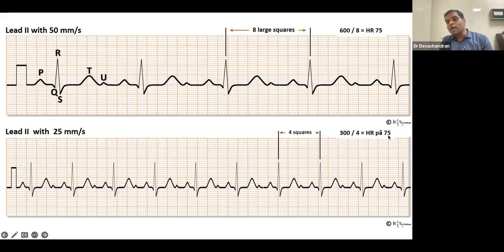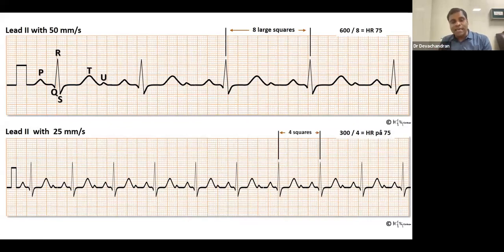You divide 300 by 4, you calculate the heart rate as 75 per minute. If you do the same calculation here, there are 8 large squares. If you divide 300 by 8 by mistake, you will get a wrong heart rate and you will call this bradycardia. So that's why the speed is very important. This happens very often.